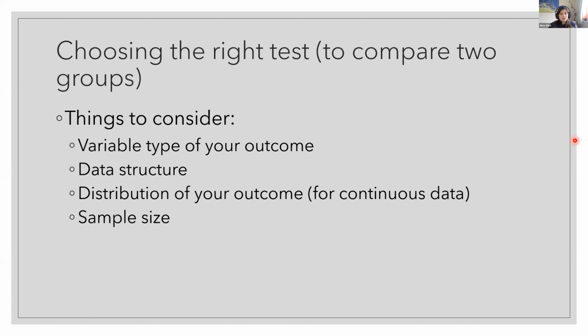When we have continuous data, we're often quite concerned with the distribution of our outcome. When we've got a numeric outcome for whatever it is we're looking to compare across our groups, we will be trying to make sure that we fulfill the assumptions of certain tests. So we're often looking to see, is that continuous outcome approximately normally distributed?